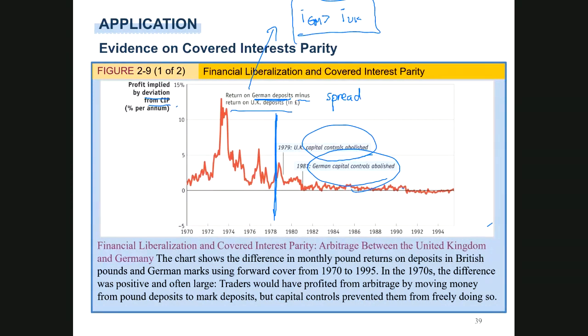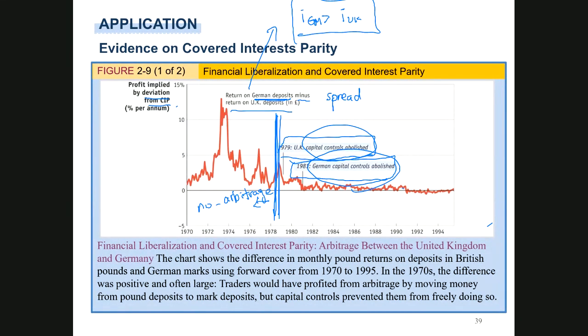Because the capital control tool was imposed by the government at that time, this kind of arbitrage condition did not exist. After they abolished it, they welcomed foreign deposits and money moving out and in across their borders. The spread became very small. So this is no arbitrage.